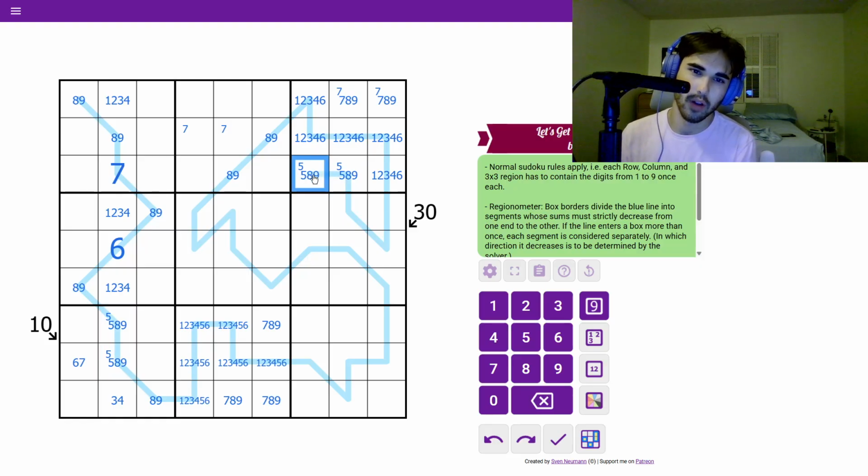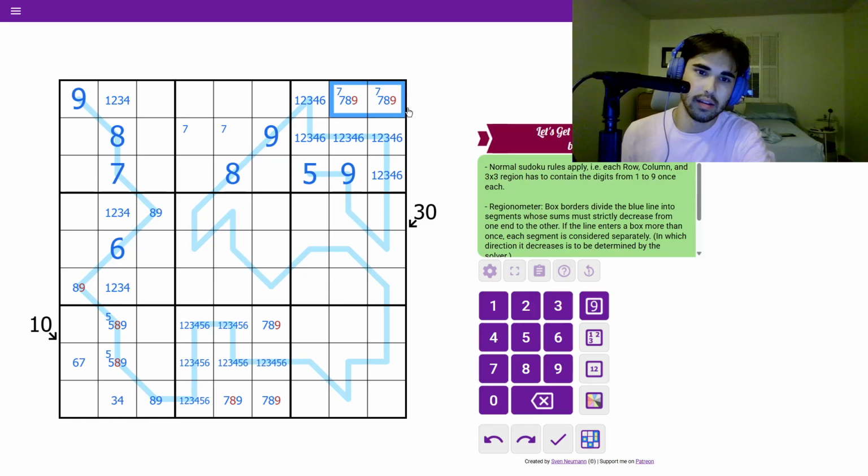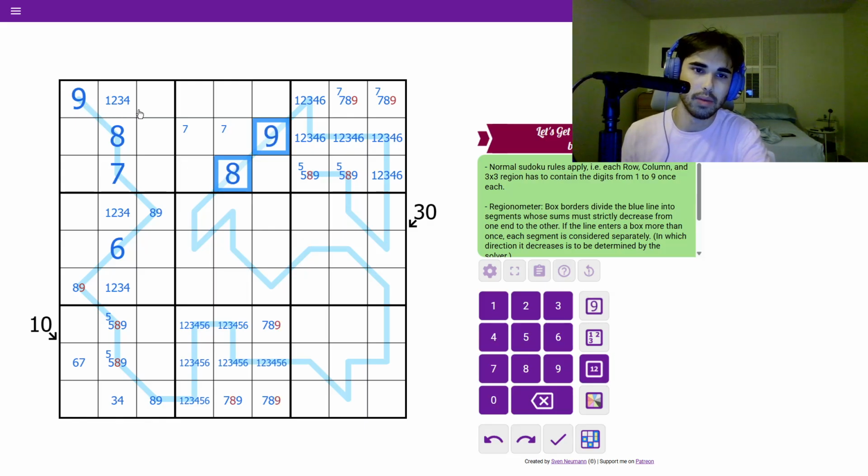I just want to see our options here. If it's 5, 8. If it's 5, 9. That's an 8, that's a 9. That's an 8, that's a 9. It's 15, 16, 15. I just don't know. Shoot, I got a Command Z because I don't know where I started this whole thing.